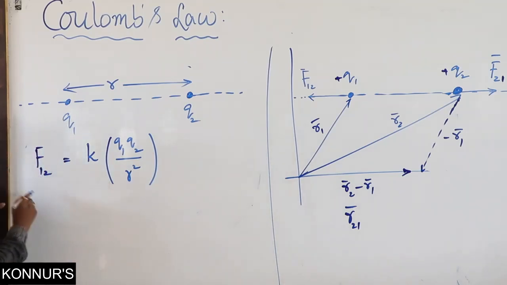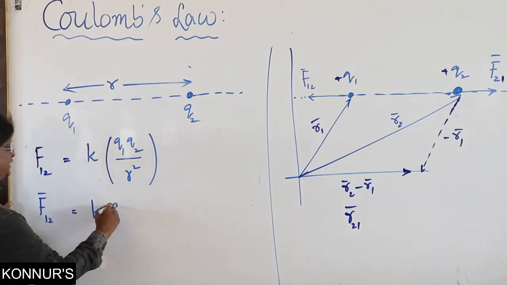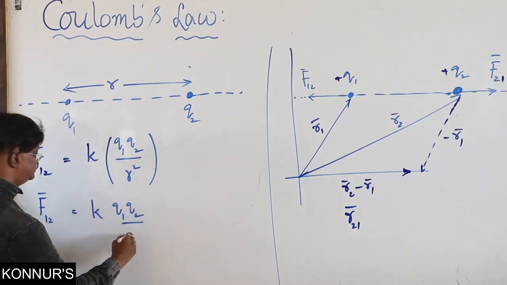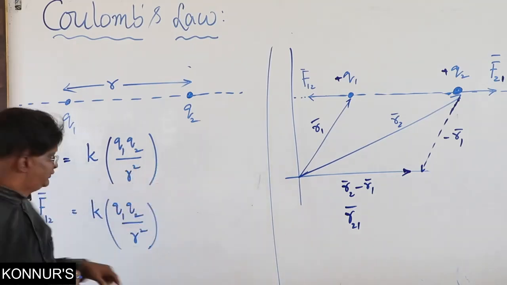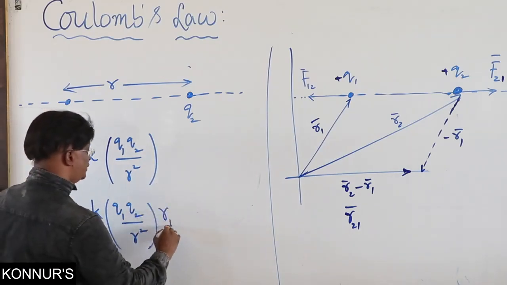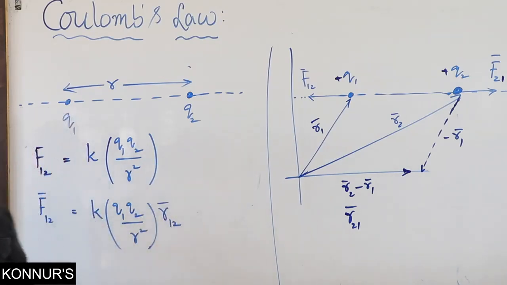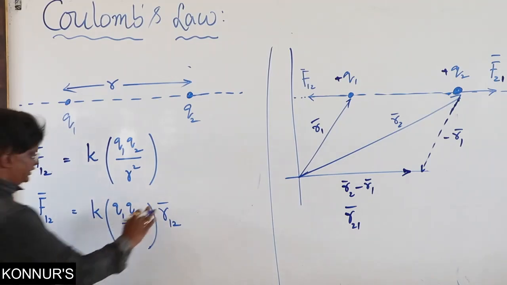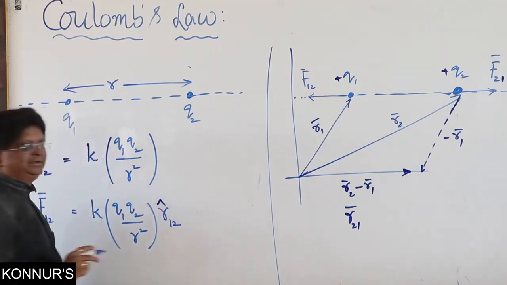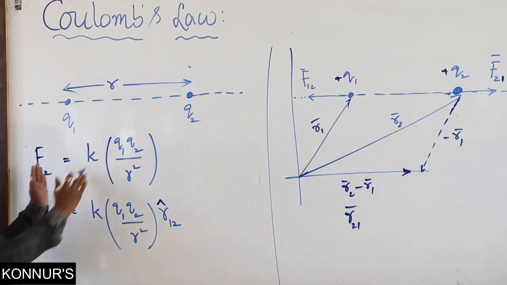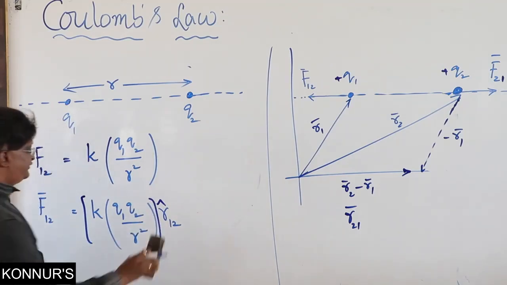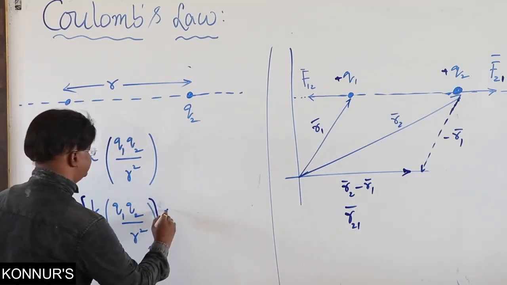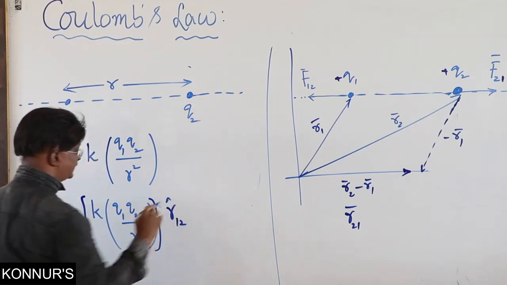When vector form is done, F12 bar is K times Q1, Q2 by R square times, just now we have mentioned, R12 cap. Sorry, I'm sorry, R12 cap. We have to multiply this entire scalar form by this unit vector R12 cap.